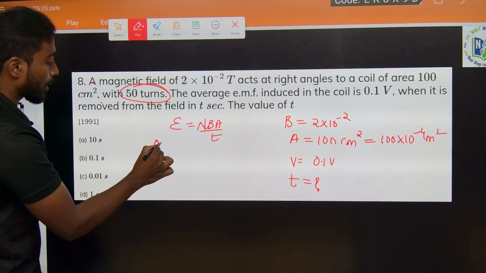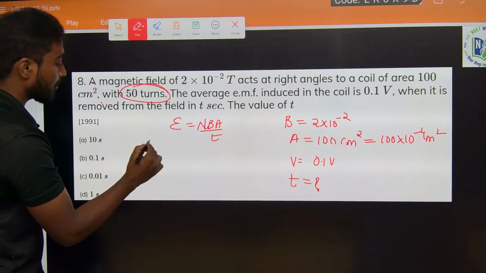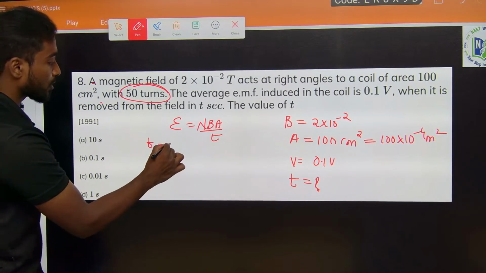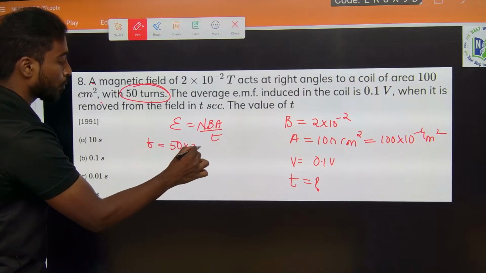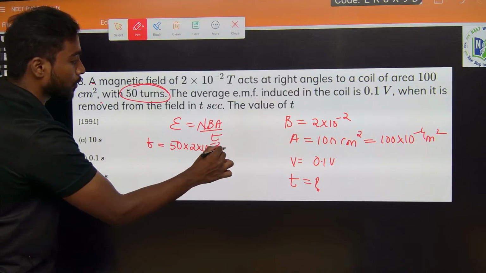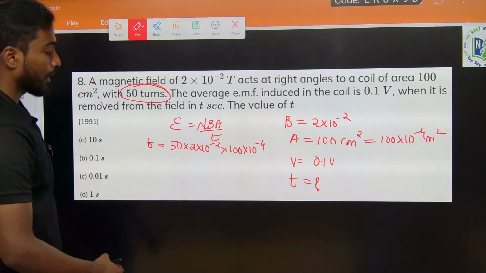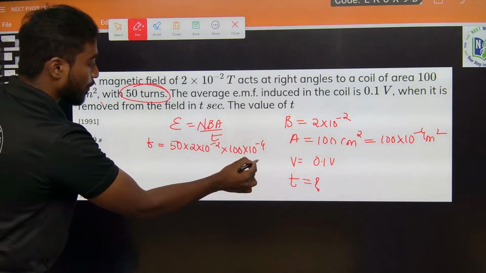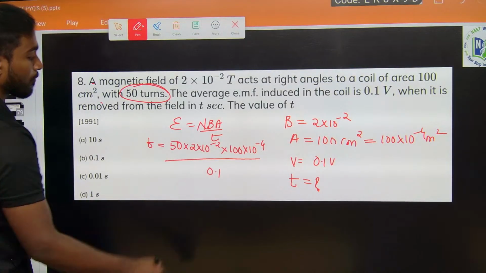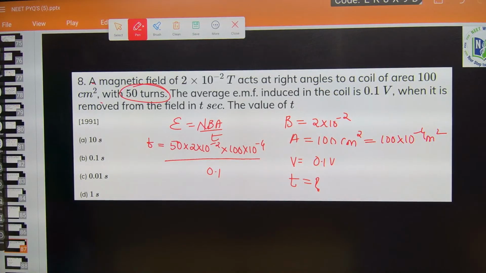So T is equal to 50 into 2 into 10 power minus 2 into 100 into 10 power minus 4, divided by 0.1. That's it, you will get the answer.